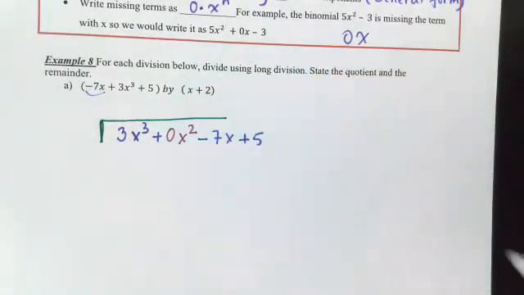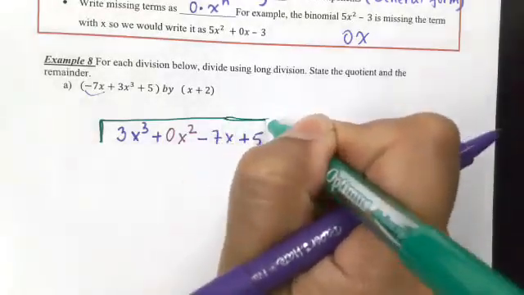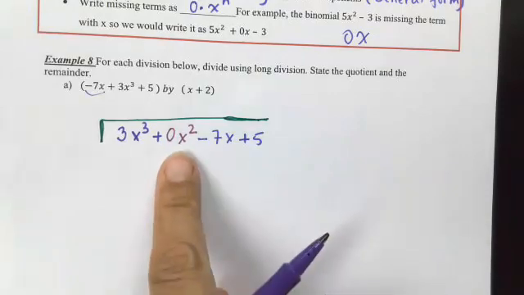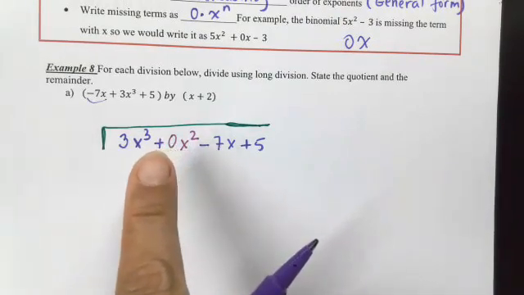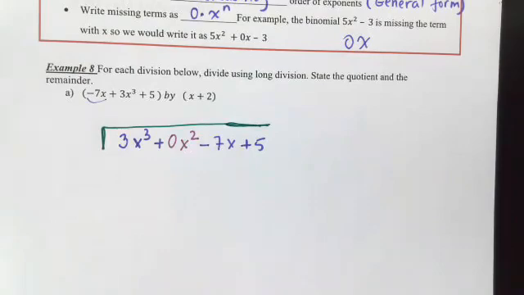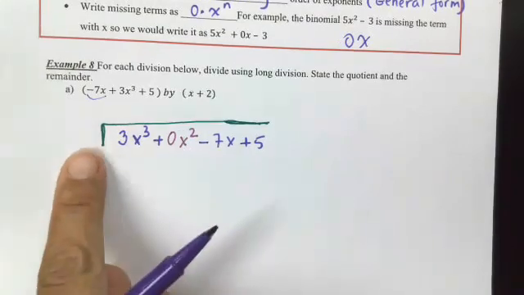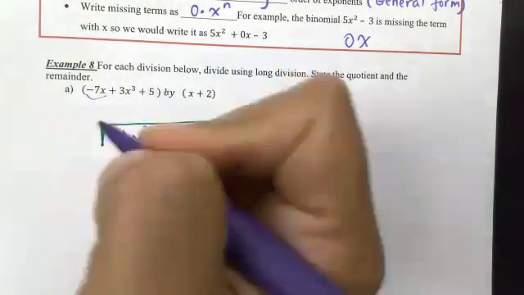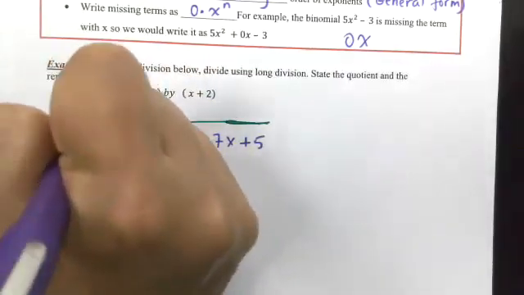So that's our first step, making sure our polynomial that we are dividing, the dividend, is in order from the highest to the lowest. Okay, and then if you have any missing terms, like we had the square term missing, we put 0 times it. Okay, now on the left-hand side of this sideways L, we write the polynomial we divide by, which in this case is x plus 2.